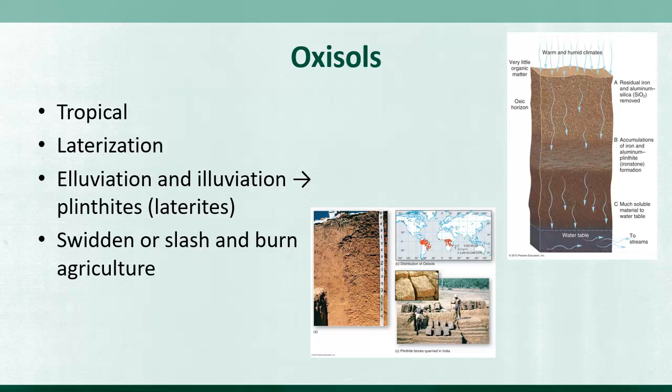The soils themselves end up not being particularly rich because of this and because of large soil moisture surpluses that take place in them. A lot of material gets washed away ultimately into streams, into the water table, and what you're left with will be relatively heavy insoluble material, like mineral material. In fact, there's a specific kind of oxisol called laterites, which are essentially like blocks of metal almost.